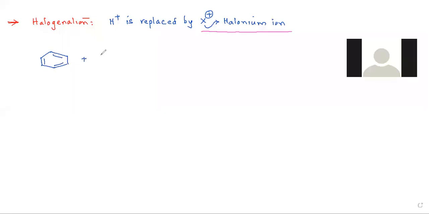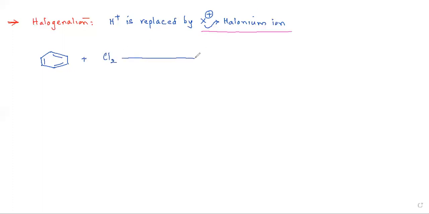See, when benzene, yes, reacts with chlorine, in the presence of a Lewis acid, aluminum chloride, or ferric chloride.